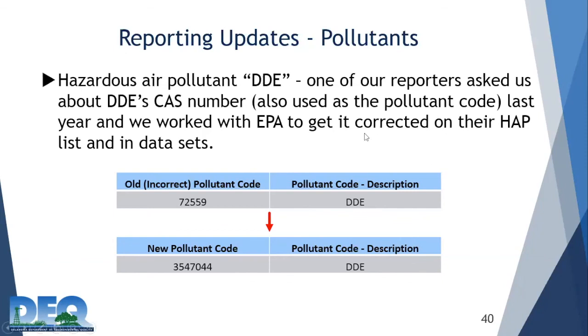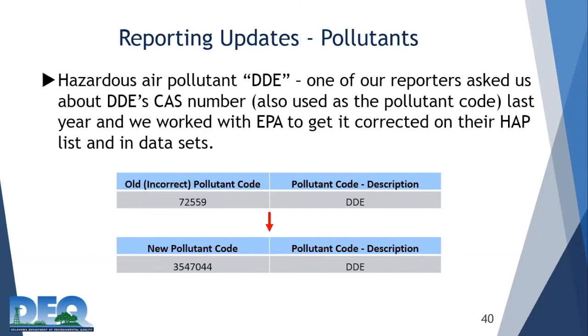One of those is the HAP DDE. This came about because one of our reporters reached out to us last year and asked what the difference is between this DDE and that DDE. We reached out to EPA and worked with them to get it corrected, because the CAS number, which also serves as the pollutant code, was incorrect, and EPA had it incorrect.